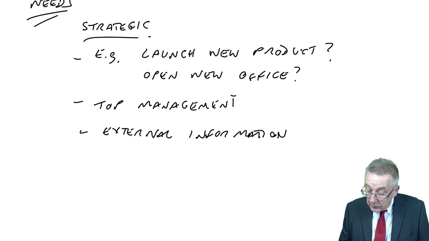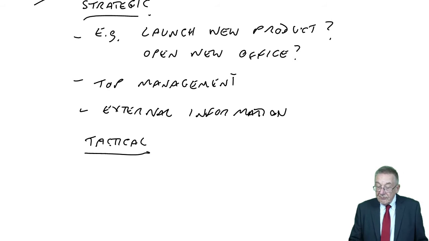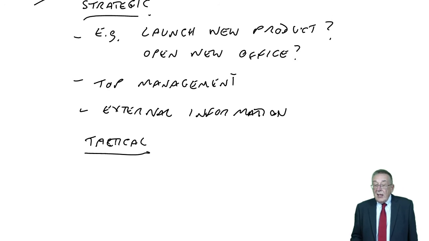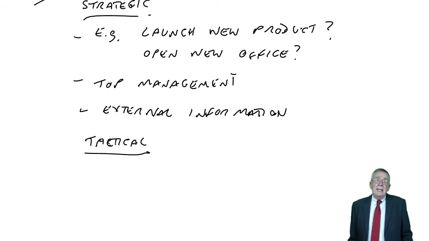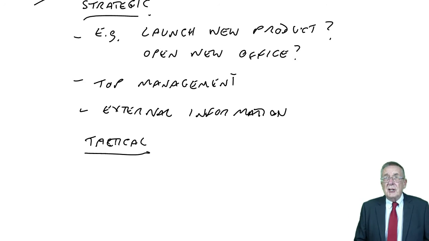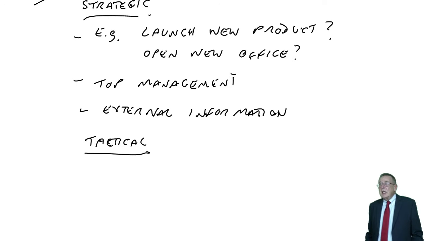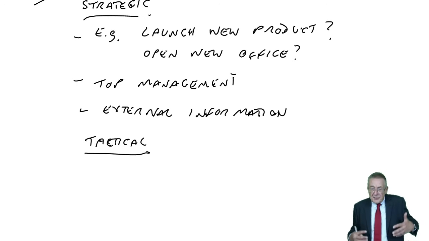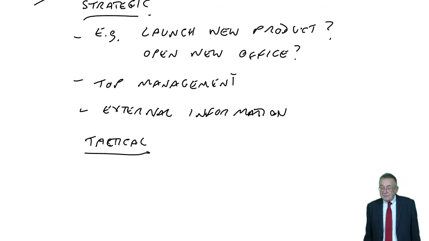The next level down we call tactical decision making. That having decided that we're going to launch a new product, we then start needing to make more detailed decisions, detailed budgets. Exactly what are the costs involved, what are our targets, and so on.